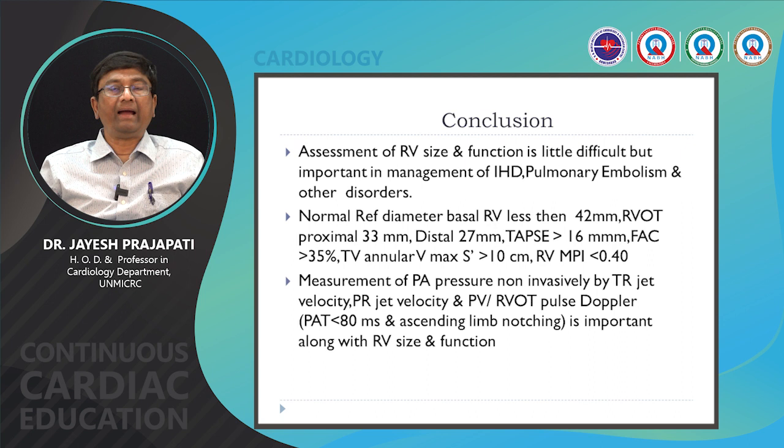Normal reference diameter of the basal RV is less than 40 mm, RVOT proximal 33 mm, distal 27, TAPSE, tissue Doppler, MPI, everything is important. Measurement of the PA pressure by means of the TR jet, the PR jet, and pulse Doppler at the pulmonary valve level is of course very important, along with the RV size assessment.